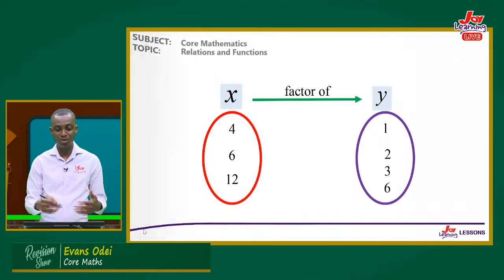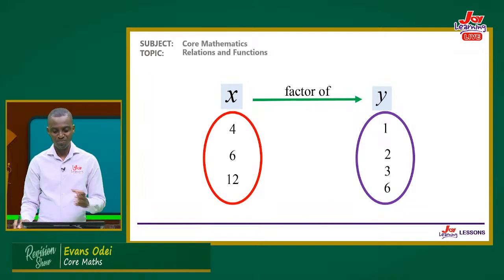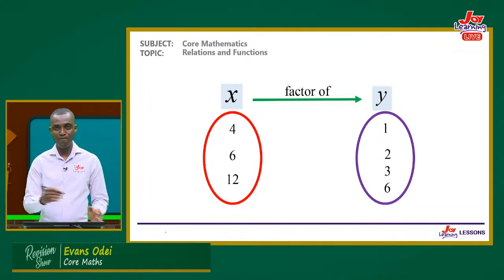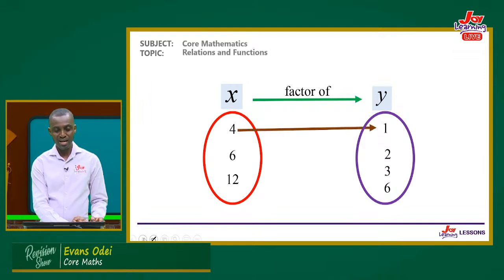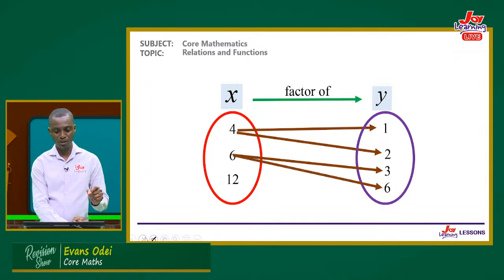And that relation also exists in mathematics. For example, I have a set of x and a set of y. And now let's see, we are saying factors of. So factors of 4, we can think of 4. 1 can be a factor of 4. 2 can be a factor of 4. And then when I take 6, 3 can be a factor of 6. 6 can also be a factor of 6.